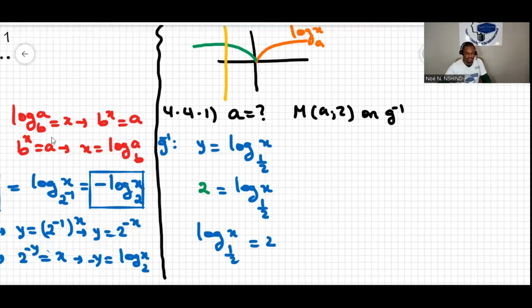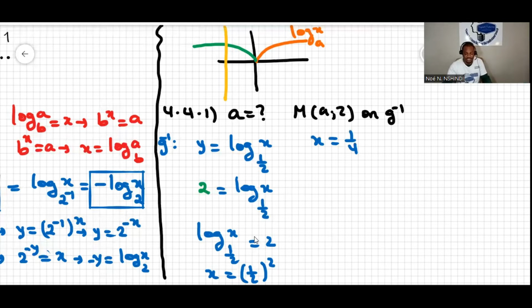So in this situation, it is going to be a half to the power of 2 equals x, or x equals a half to the power of 2. Which means x equals a quarter.